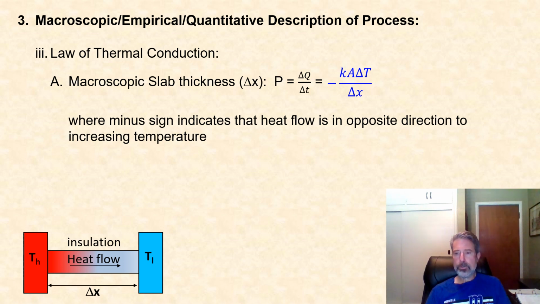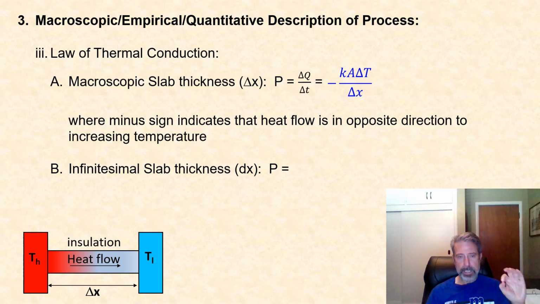If we want to define this same law from the perspective of infinitesimal changes in, let's say, slab thickness dx, then we can simply make this substitution. We let our macroscopic changes become microscopic changes, and our deltas become differentials.